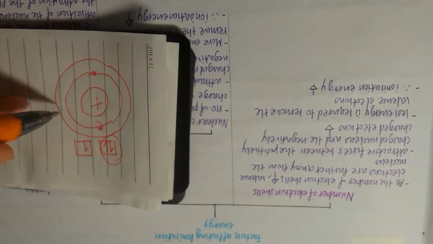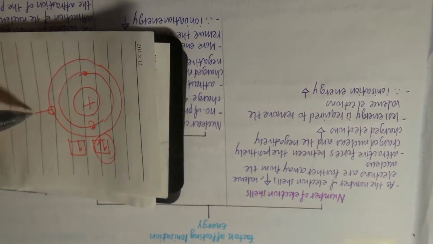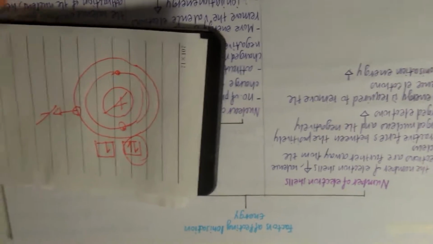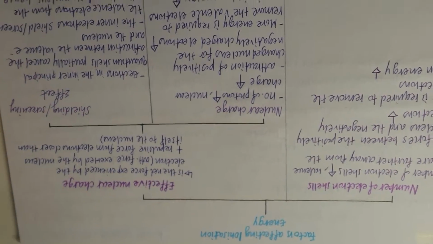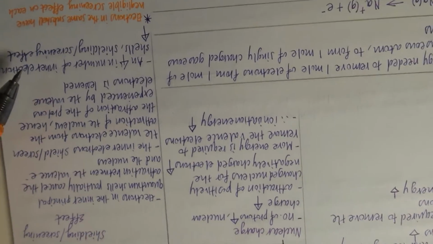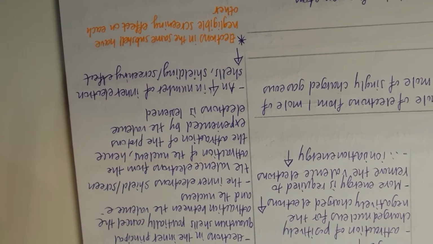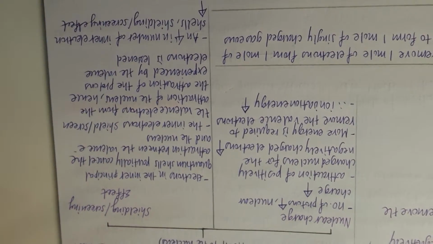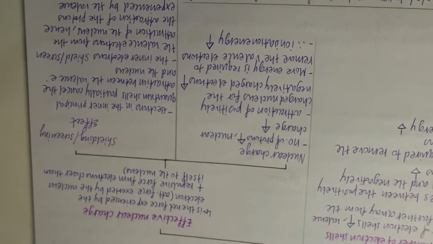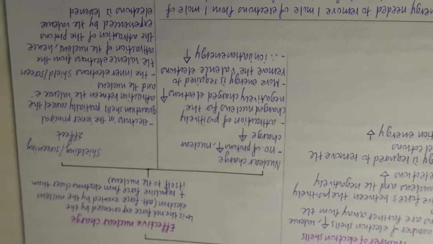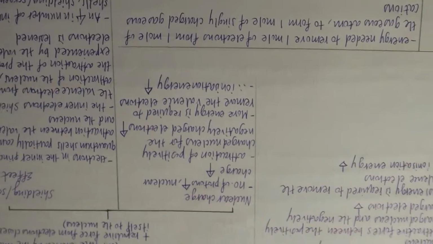This one is positive, then the valence electrons will be negative, so it cancels out because it's found in between. It will shield it. As there's an increase in the number of inner electron shells, the shielding screening effect will increase. So therefore, it will be easier for you to remove the electrons.